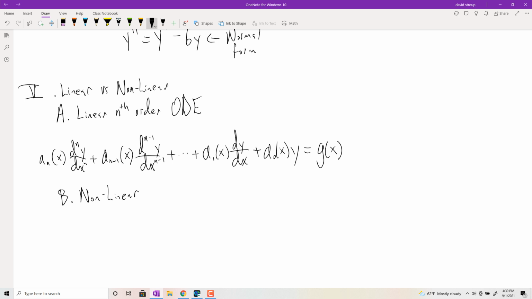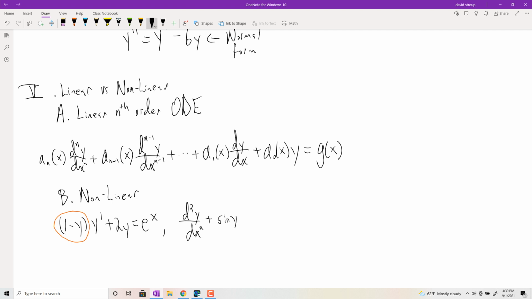And some examples from the book of nonlinear guys, something like 1 minus y times y prime plus 2y equals e to the x. So this is nonlinear because the coefficient on y prime is not a function of x. Okay, it's a function of y. Let's look at another: second derivative of y with respect to x plus sine of y. Again, you can't have a function of y or any of the derivatives.